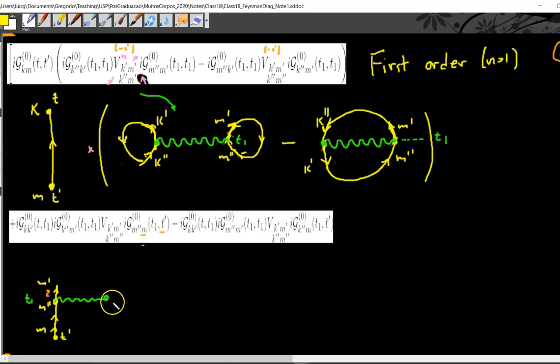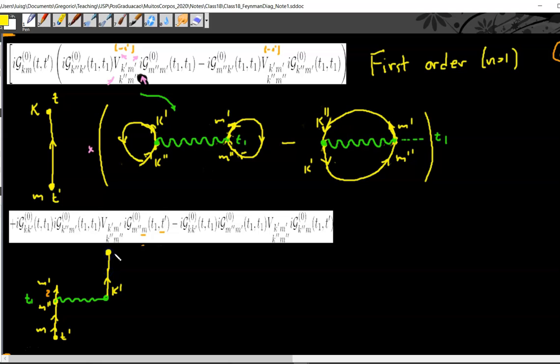Now let's look at the propagators. One thing I know for sure, the line that's coming out here would be a state k prime, and this state k prime will propagate to k at time t. So this is our t1.